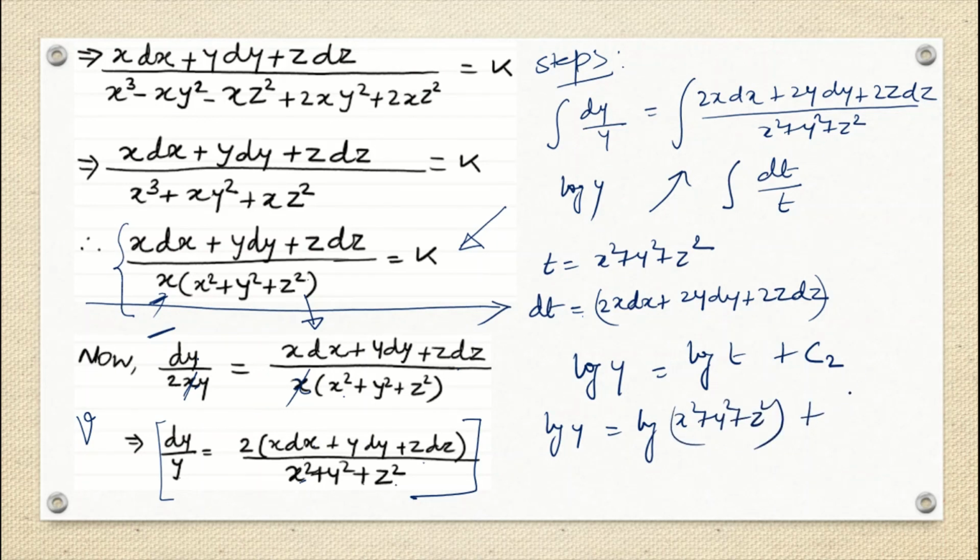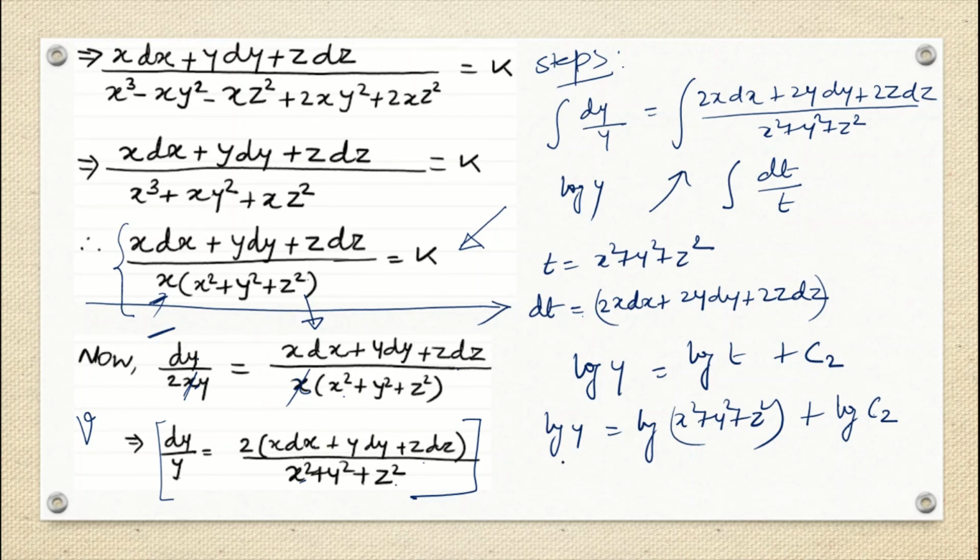Now the same concept: c2 is an arbitrary constant whose value I don't know, so instead of c2 I can write log c2, to make the equation simpler. Even log c2 is again some arbitrary constant, so I'm not making any difference in the nature of this additional arbitrary constant.